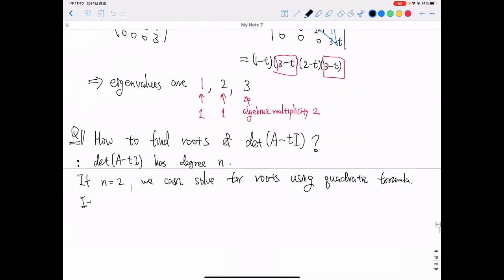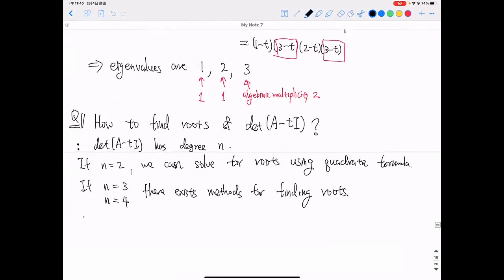We've never talked about what we do if n is bigger than 2. So say if n is 3 or n is 4, there exist methods for finding the roots. Not quite formulas. There exist methods for finding roots.